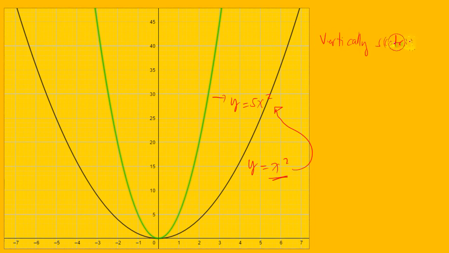Vertically scaled by some factor, in this case by a factor of 5. What does it mean?